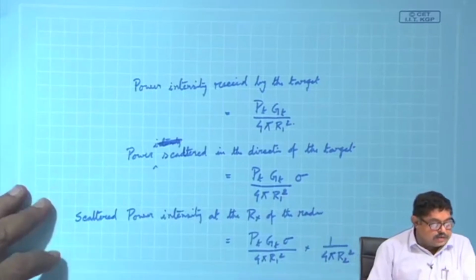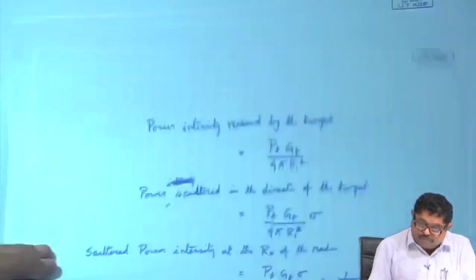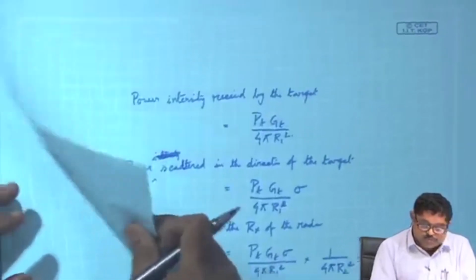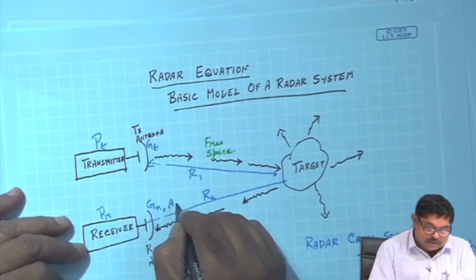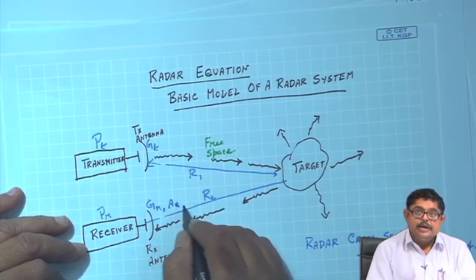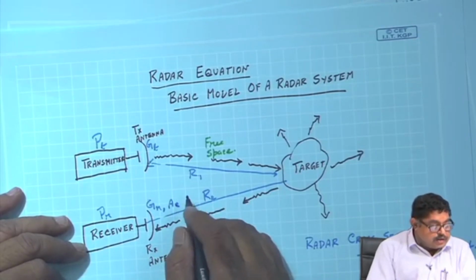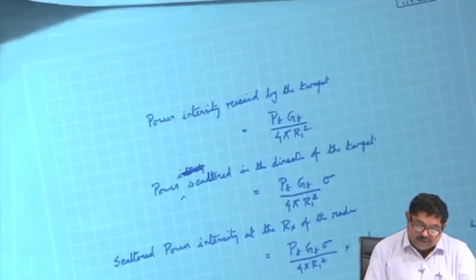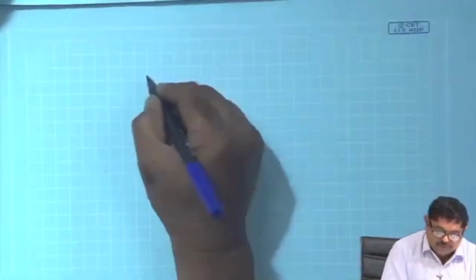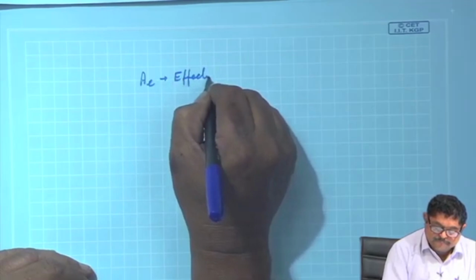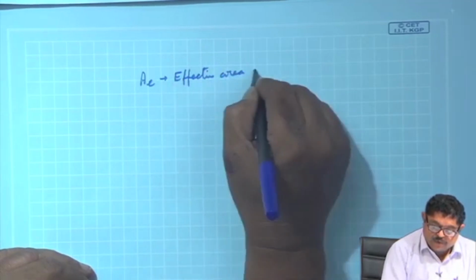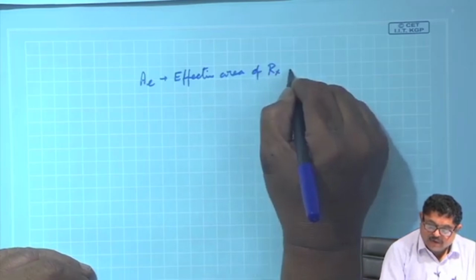So, let me call it AE. It is the effective area of the receiving antenna.